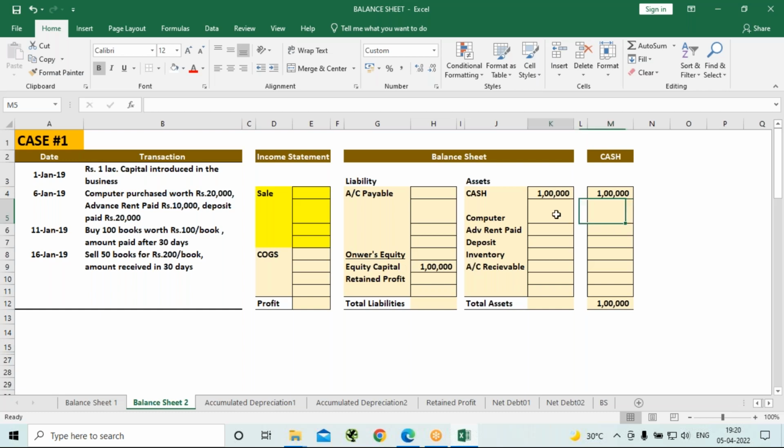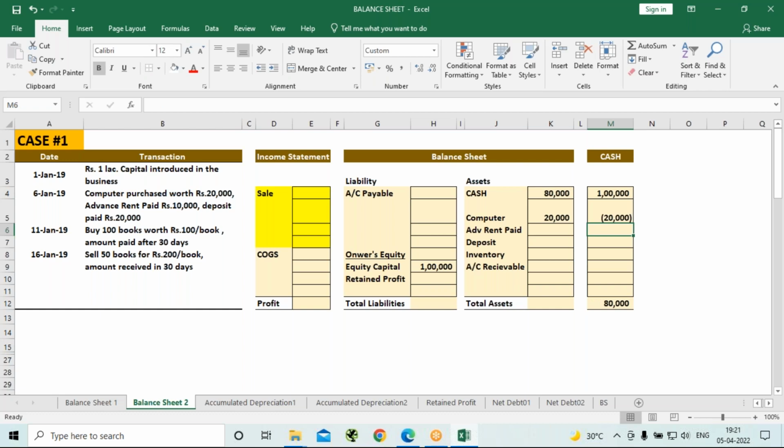So related to the computer purchase, there is a value of 20,000. At the same time, the computer amount is paid through cash. Whenever you are paying money, it should be a negative balance, because cash is going out of my hand, or out of the business. So minus 20,000.